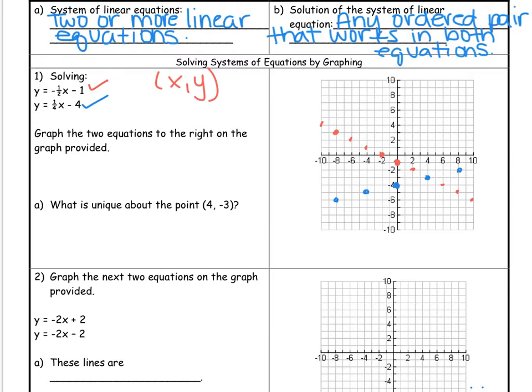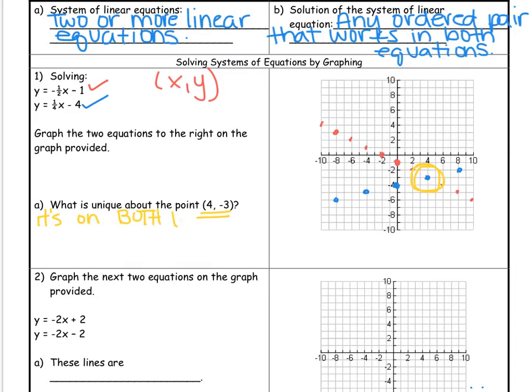If we look at this point right here, that was a point that was both red and blue. So that is the one point, and that's -4, -3, that both of these lines have in common. That point, -4, -3, is on both lines.